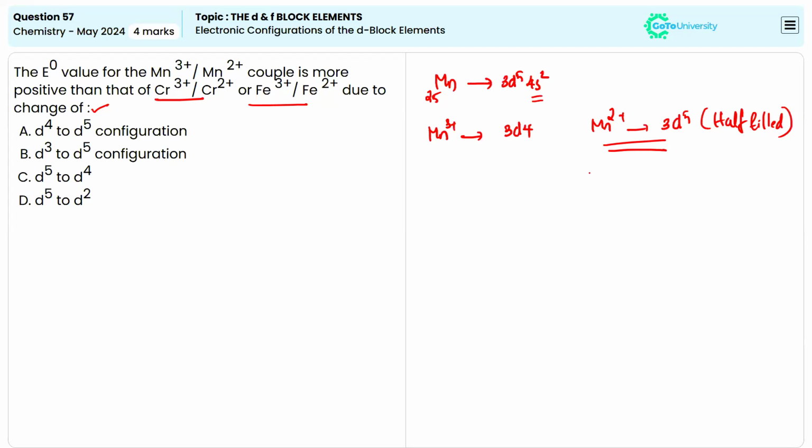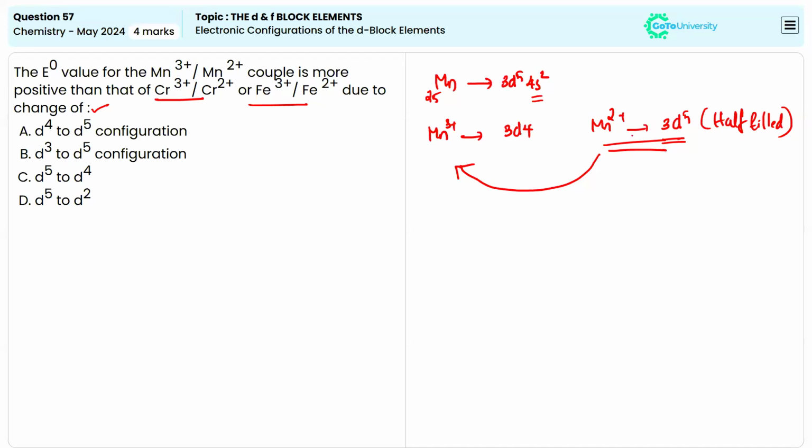To convert the Mn2+ ion to Mn3+, you have to remove one more electron, and it is not easy to remove one more electron from Mn2+, because Mn2+ is already stable because of the 3d5 configuration.